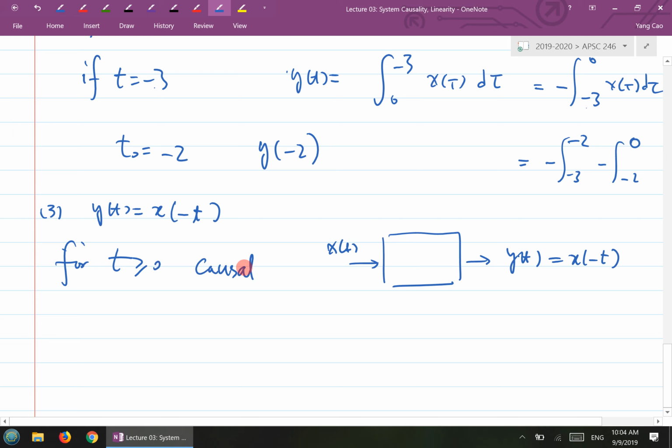If t is greater than 0, you plug in any values for the inputs, it doesn't matter what value, and clearly the output depends only on the past values. That's why it's causal. So the output depends only on the past.